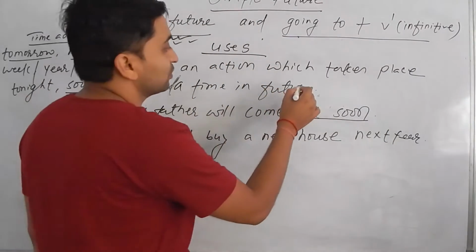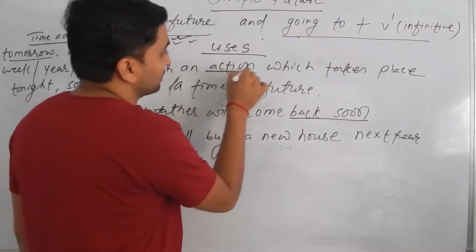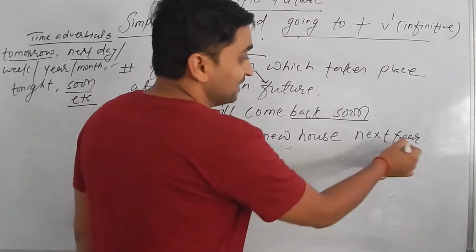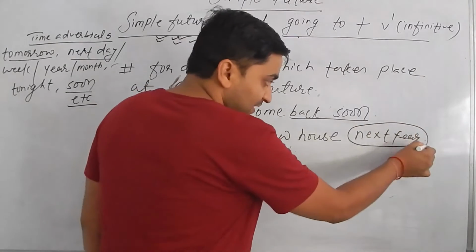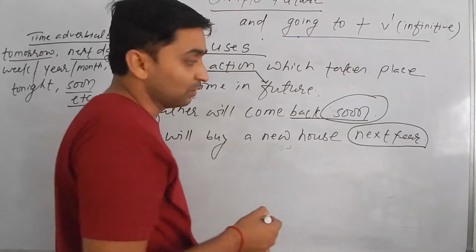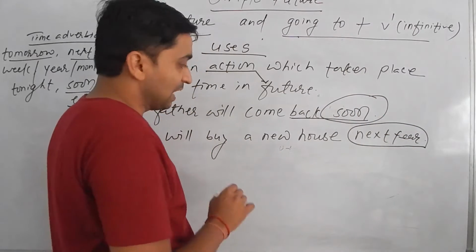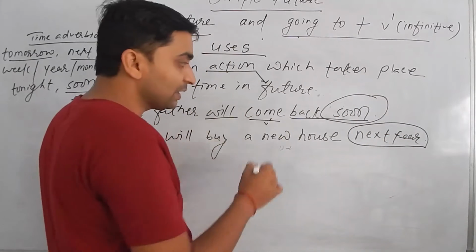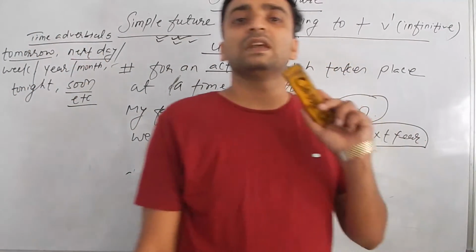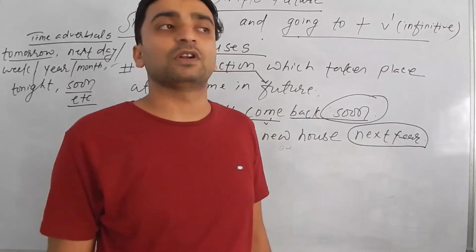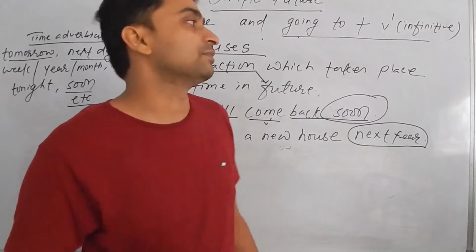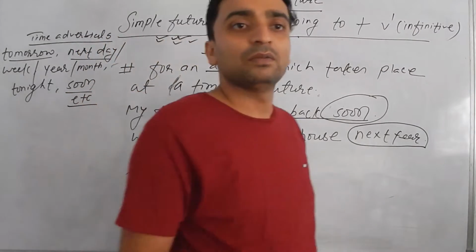Here also, we will buy a house next year. Next year is important. Soon is important. Next week is important. Tomorrow is important. And will plus V1 is already here. So the first use of the simple future tense is that it is used for an action which is going to take place in a future time.